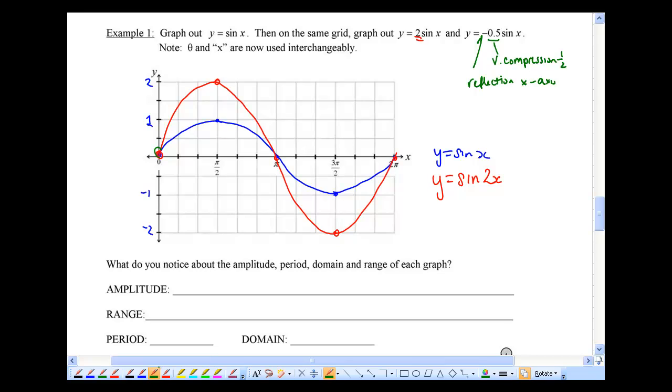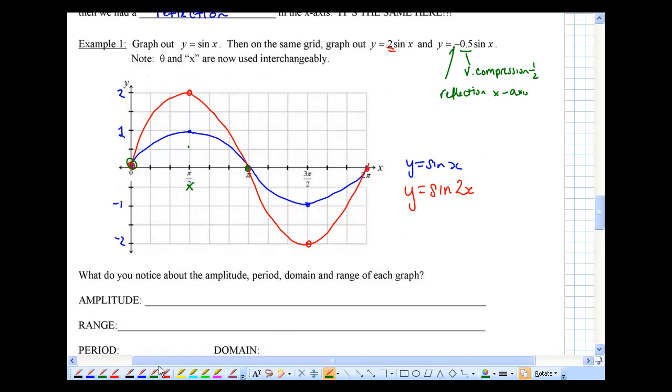So 0 stays 0. But now, instead of 1, it's a half, because it's a vertical compression. But because it's reflected, it's now down here. 0 stays the same. All right. So we'll plot this point and that one. And there we go. The green graph is y equals -0.5 sine x.